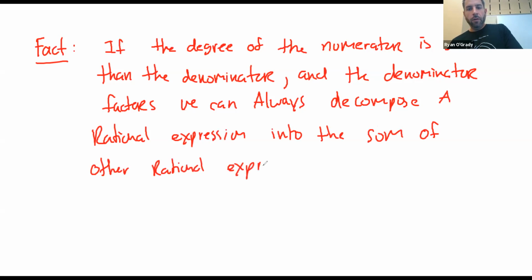Instead of going through the scary algebra, it's better just to do an example. When I use the word sum here, it's important to note that it could also be a difference. I say sum, but as we saw with that numeric example, it could be a difference.